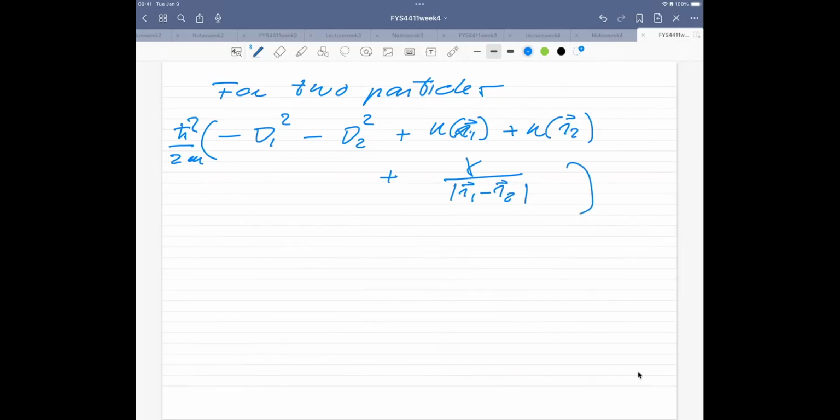So this is the Hamiltonian when I have two electrons, and this potential U, which you see here, could be the harmonic oscillator, or it could be any other type of potential which confines the motion of the two particles.